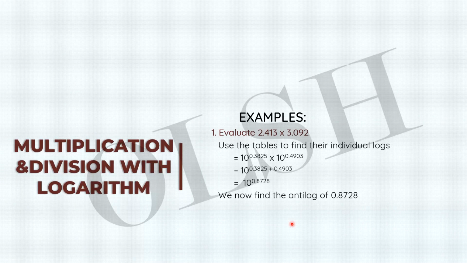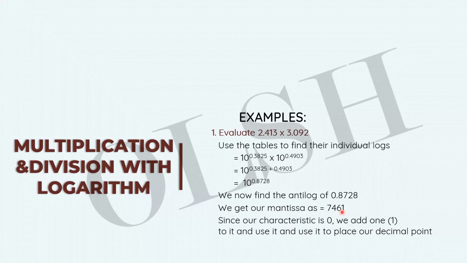Now we find the antilog for 0.8728 exactly the same way we did previously. Remember, from step 1, we separate our decimal from our integral part and then confirm that our decimal part is non-negative. If it's negative, we do what step 1 says. If it's not, we move on to step 2. So if we do all that, we'll get our mantissa to be 7461. Remember we said that whenever we get our answer from the antilog chart, this number is actually 0.7461.